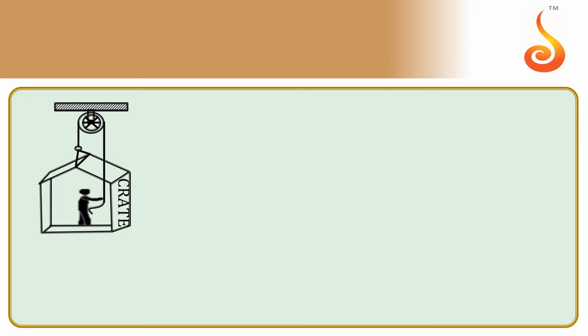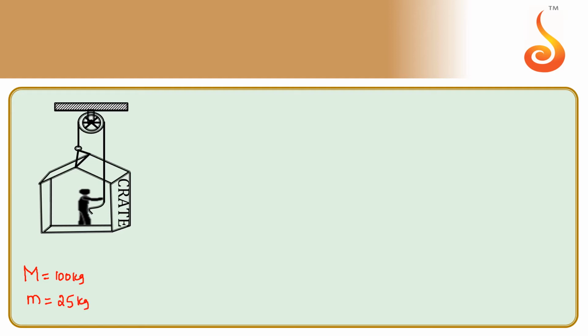So in the diagram given, the mass of the man, let it be capital M, is 100 kg, and the mass of the crate is 25 kg.